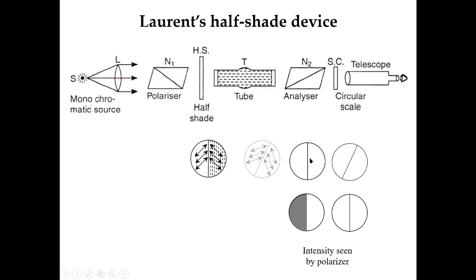The angle by which this analyzer has to be rotated to get the previous situation is the angle by which this optically active material has rotated these planes of vibration. In this way, we can find the optical rotation introduced by a given length and given concentration of this optically active material.